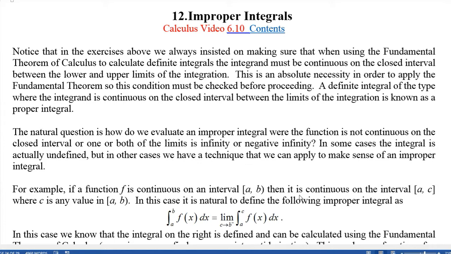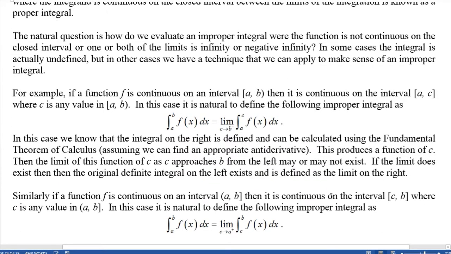So let's take a look at this. Let's look at a couple of specific cases here. The first case we're going to look at is if a function f is continuous on a half-closed interval from a to b, including a but not b. Well, if that's the case, then it's continuous on any closed interval a to c, where c is between a and b.